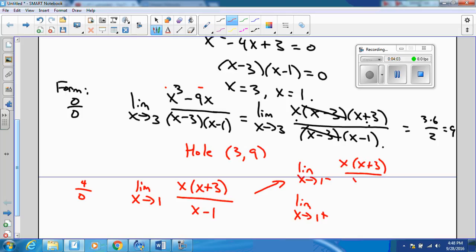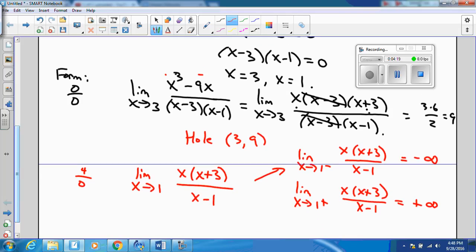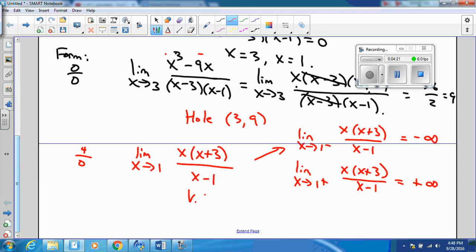You can do the sign analysis yourselves and see that this limit is going to come out to negative infinity, and this limit is going to come out to positive infinity. So this allows me to conclude that there is a vertical asymptote at x equals 1.